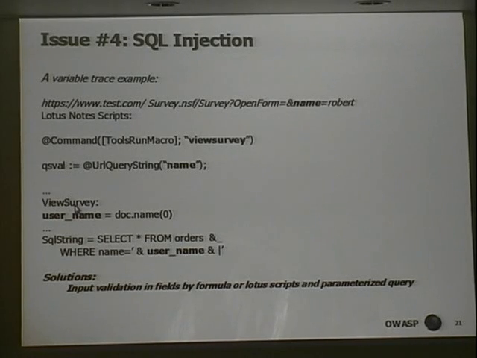And in the view survey agent, it will get the name from the document and call the SQL statement. So you see there's no input validation there, and they don't use a parameterized query, so it's vulnerable to SQL injection.